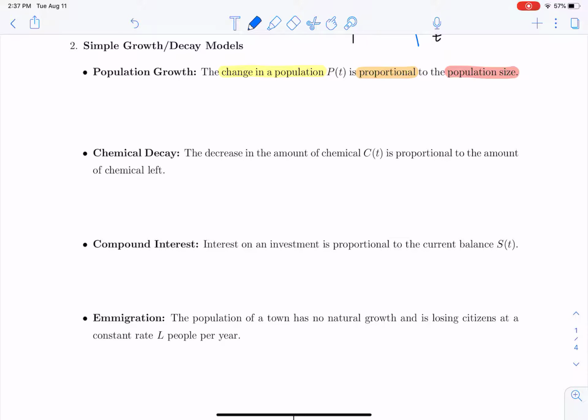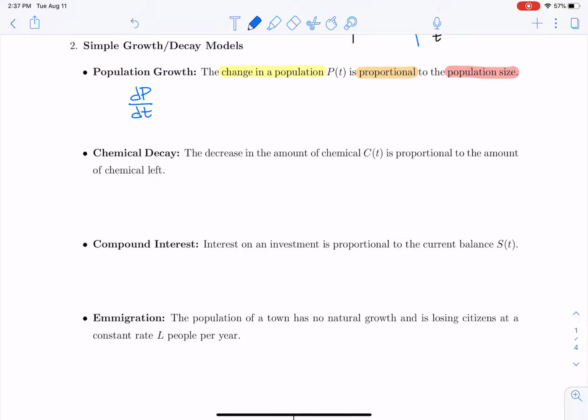So let's take these words and turn them into a differential equation. First, we're going to look at the change in the population. Ask yourselves, what represents change? Well, one way to write change is a derivative. The derivative of P tells you how the population P changes over time.